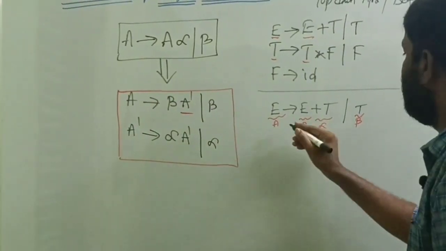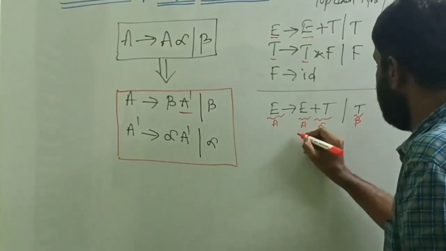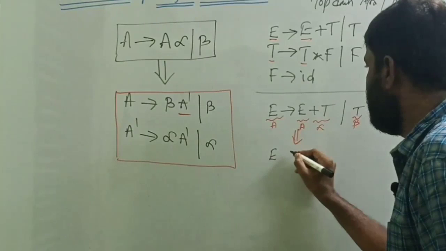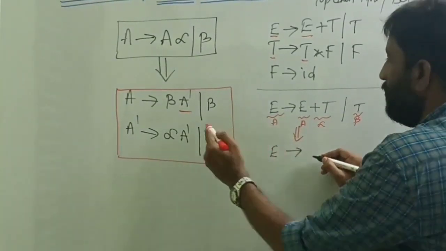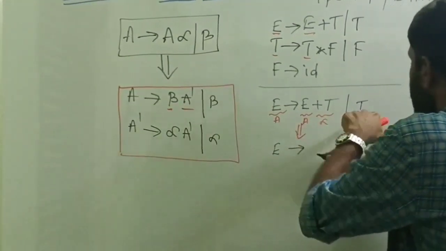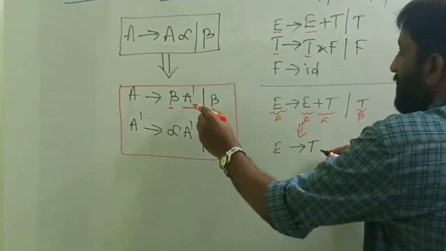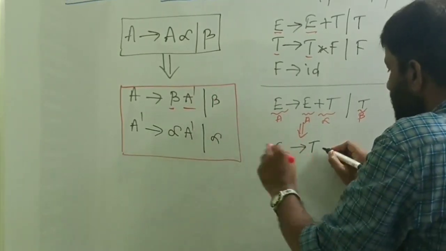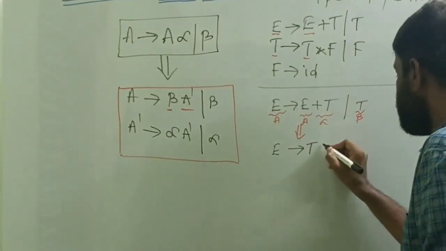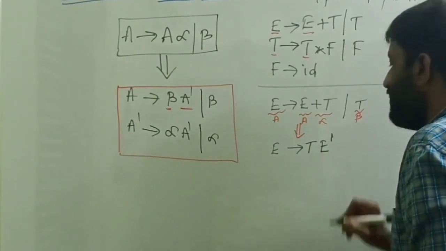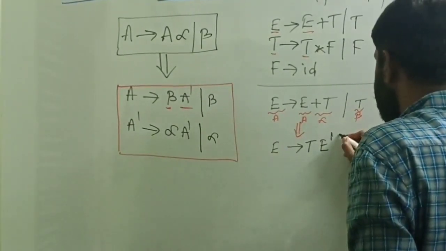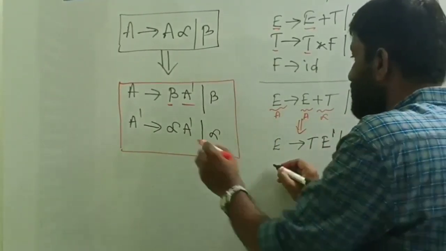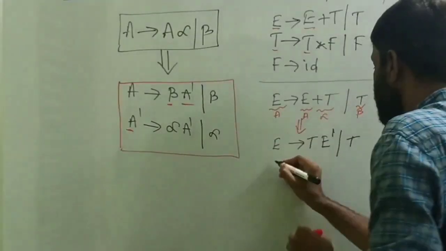Now, E tends to beta. What is the beta part? It is T. Then we introduce the new non-terminal A dash. For maintaining similar naming conventions, we take the new non-terminal name as E dash.